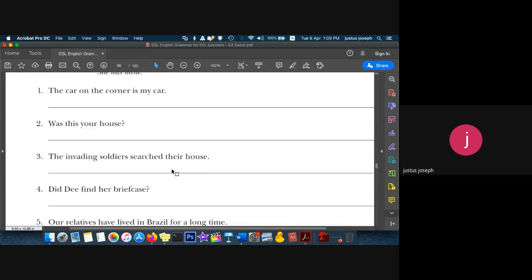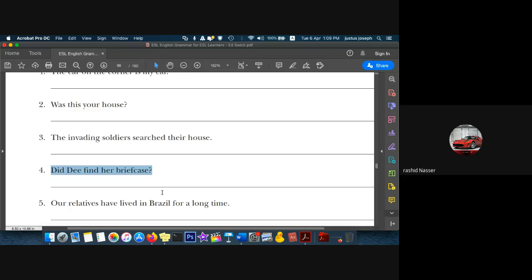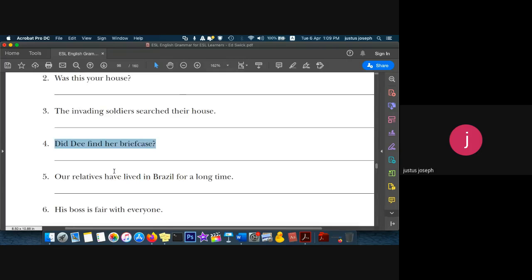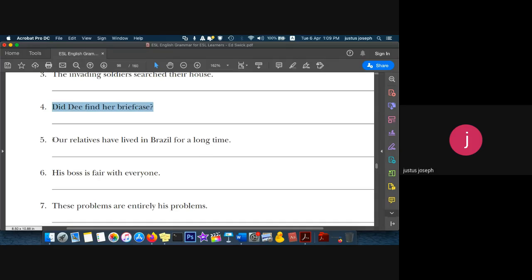The invading soldiers searched theirs. Did they find her briefcase? Did they find hers? Find hers. Very good. Now, I would like anyone else to answer. Our relatives have lived in Brazil for a long time.